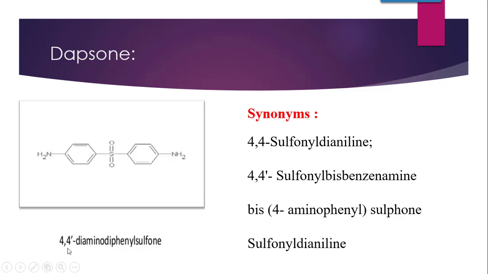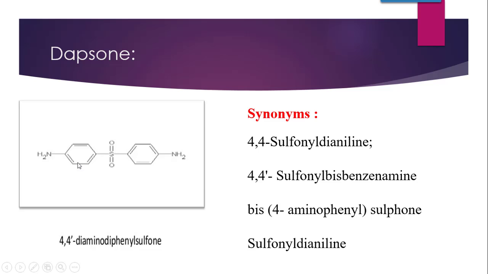As per the name 4,4 dash, if you see the moieties, this is S double bond O2, this SO2 is sulfone, and this phenyl ring has first, second, third, fourth positions, and this is 1 dash, 2 dash, 3 dash, 4 dash.